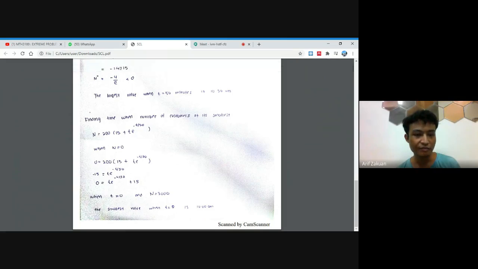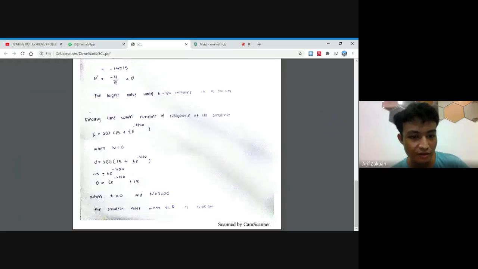And we assume the minimum is at T0. So from the original function to find the number of customers, when we insert T as 0, we get n equals 3000 as the minimum number of customers.